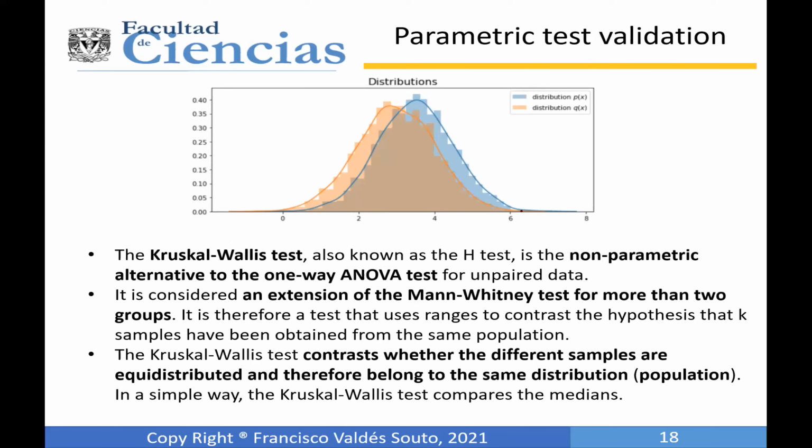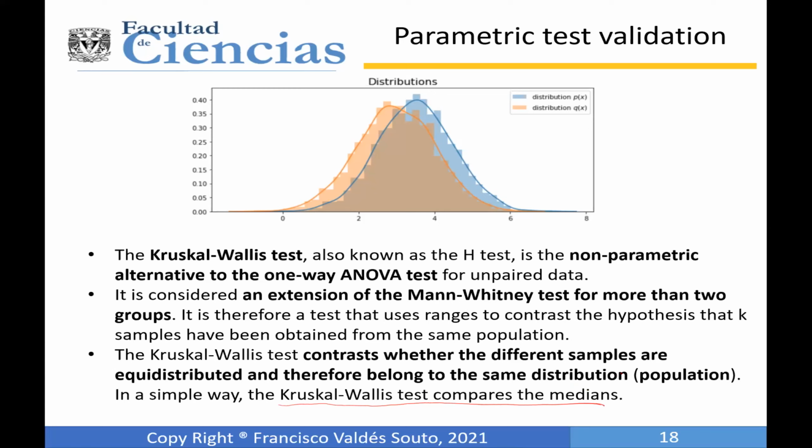The idea here, in a simplified mode, is that the Kruskal-Wallis test only compares the medians, okay? The idea with the Kruskal-Wallis is to contrast whether the different samples are equidistributed and therefore belong to the same distribution. That is the idea.